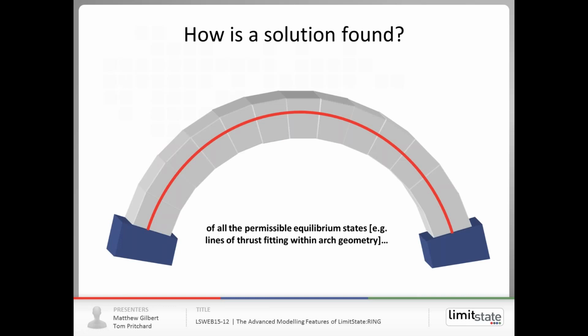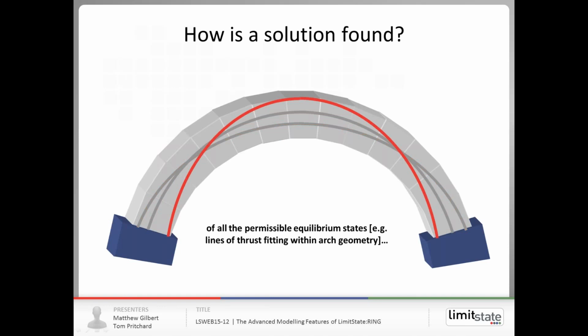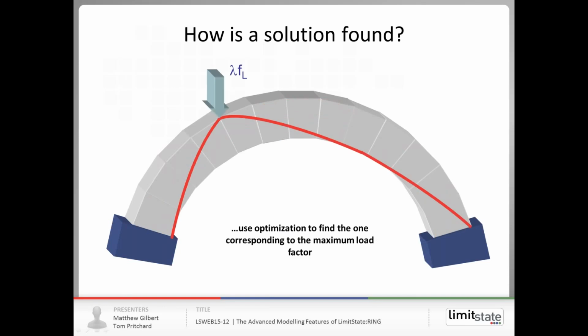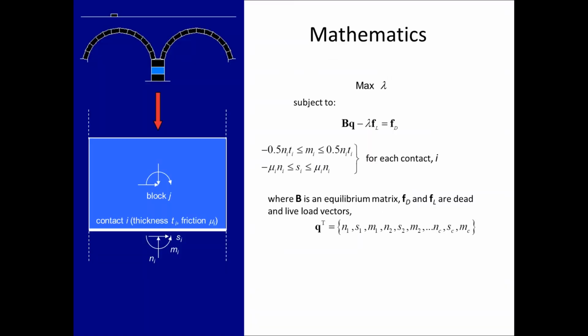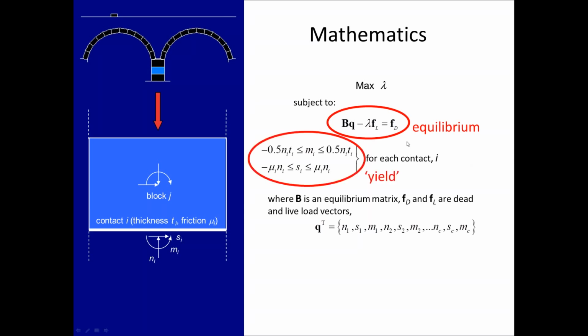How do we find the solution? Well, if we think of all the potential lines of thrust as being permissible equilibrium states, then of all those states, we use optimization to find the one corresponding to the maximum load factor. And in terms of maths, that boils down to maximizing the load factor subject to equilibrium constraints and also yield constraints.